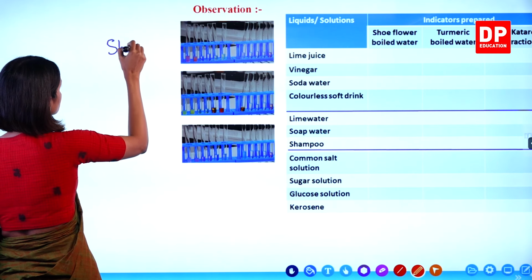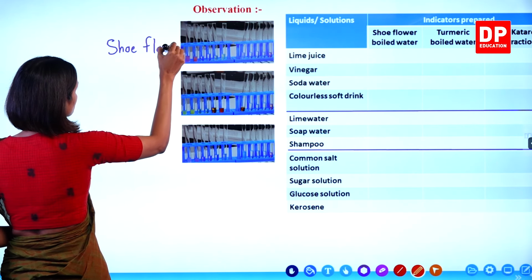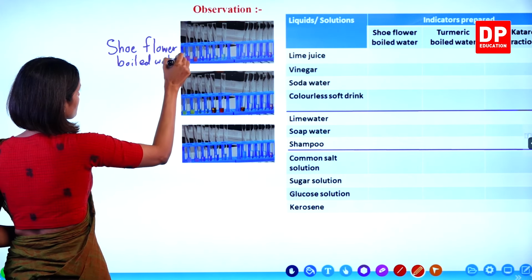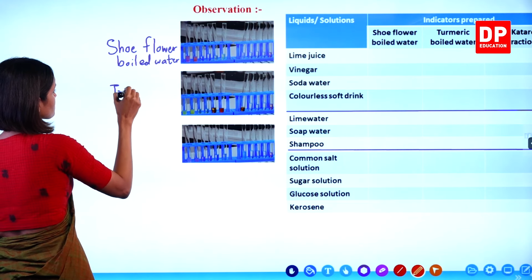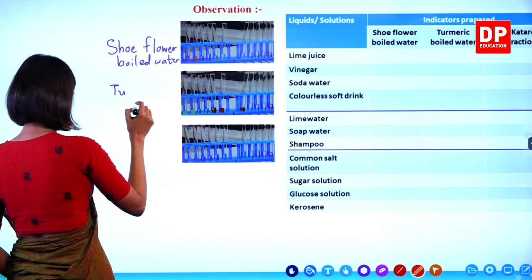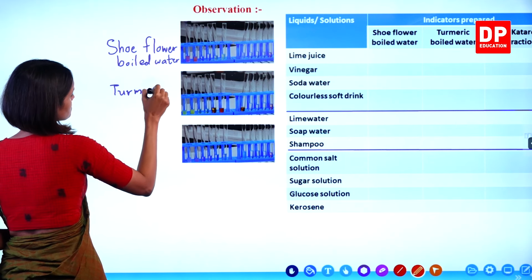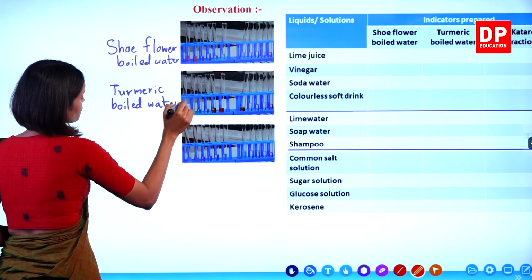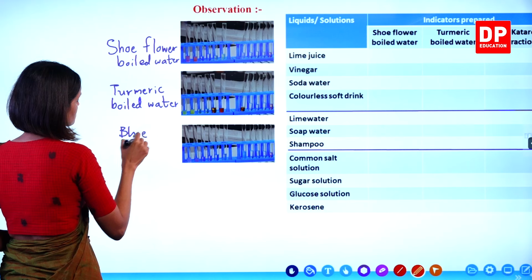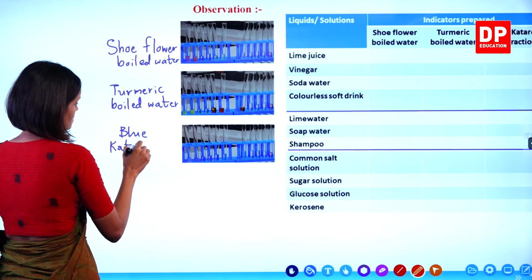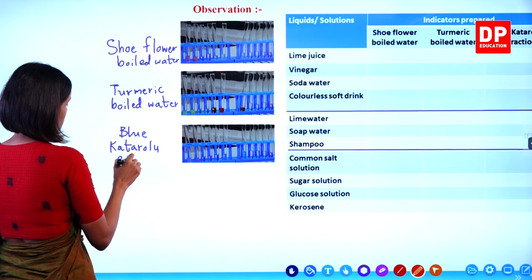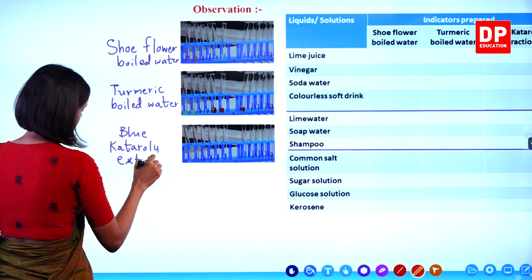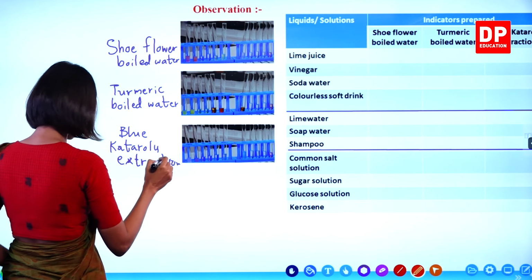Shoe flower boiled water, turmeric boiled water, and finally blue Kataruru extraction.